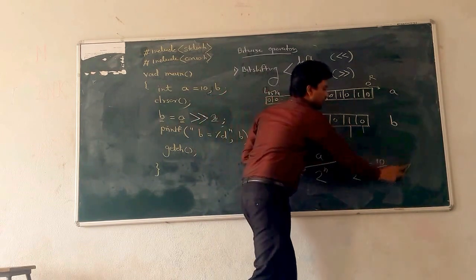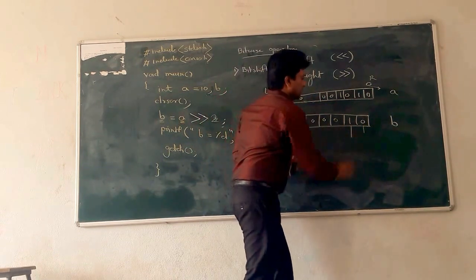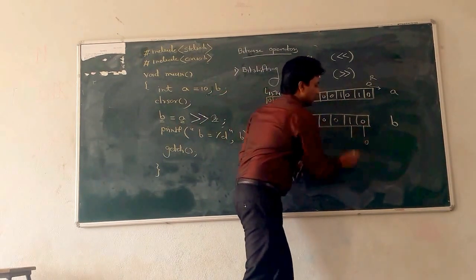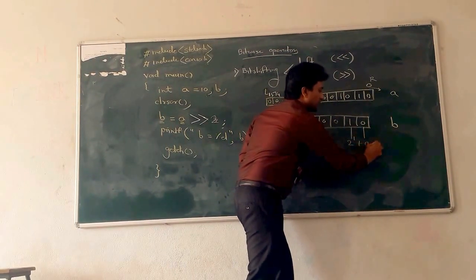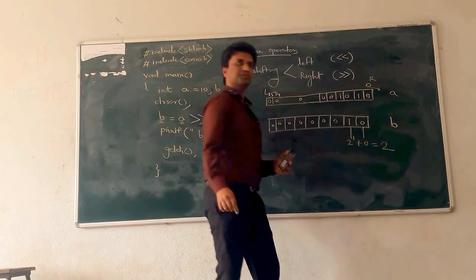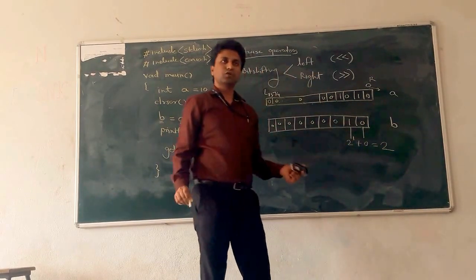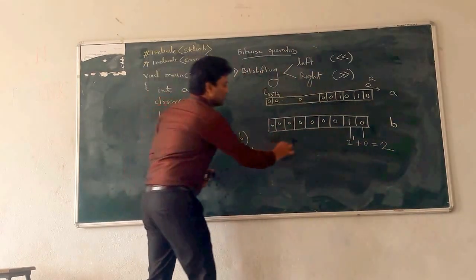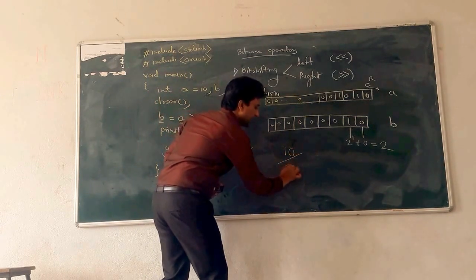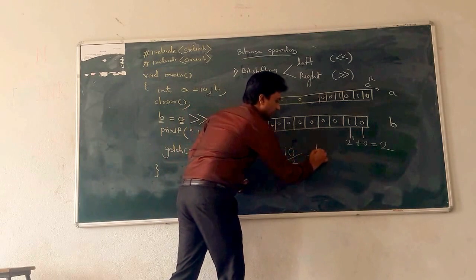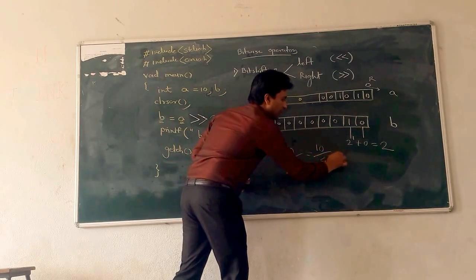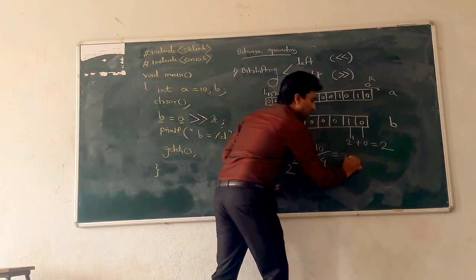So what is the value? 1 means 2 raised to 1, so it becomes 2. Original number 10 divided by 2 raised to n, n means 2, so 10 divided by 4 means 2.5.